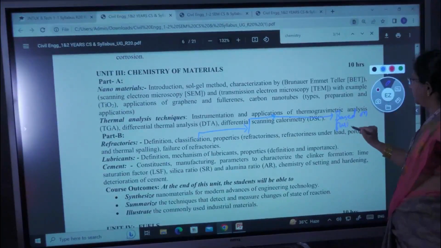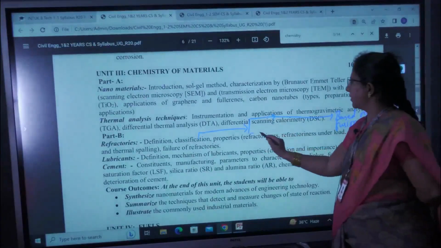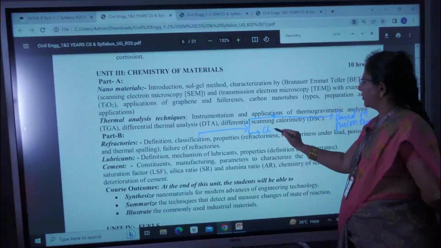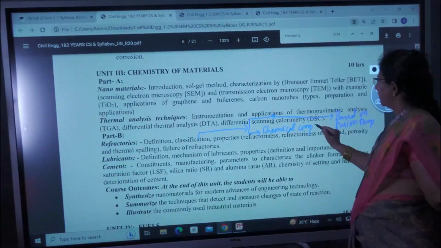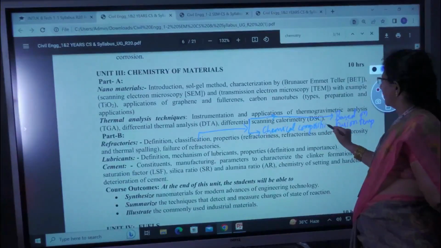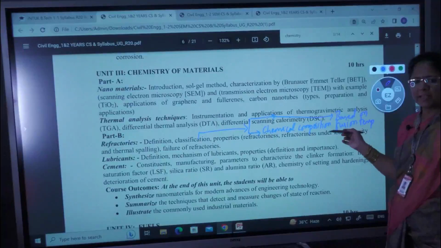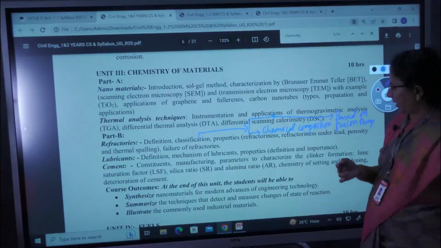Based on fusion temperature, refractories will be classified as normal refractories, high refractories and super refractories.